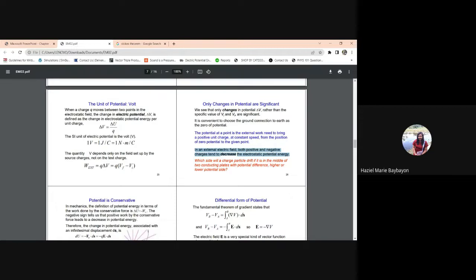So if you release that charged particle, asa siya daw mo padulong? Is it in the region with higher potential or sa region with lower potential?